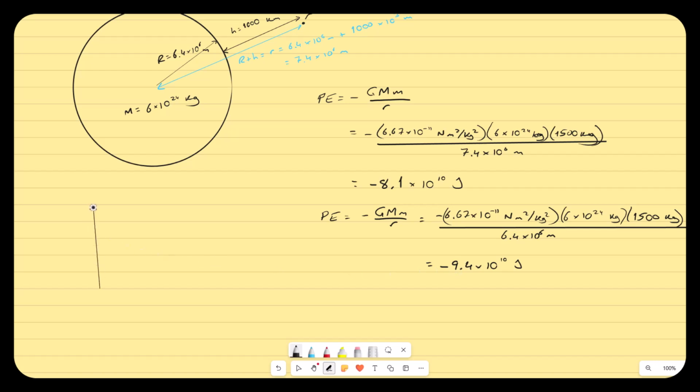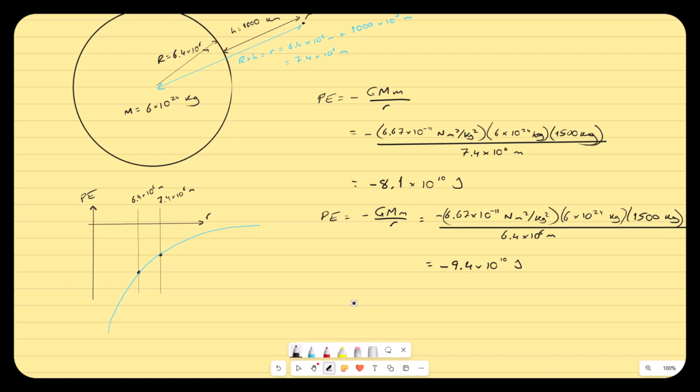If we're looking at that potential well, where this is r, this is my potential energy. I was at an r value of 7.4 times 10 to the 6th, which is maybe here. I had a potential energy like this. Now, as I get closer, I get a potential energy that's lower, and that stays in form with the potential energy well that we were expecting.